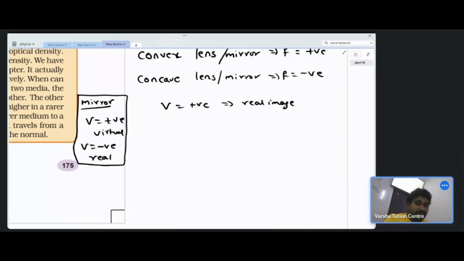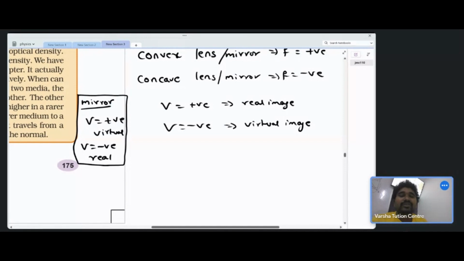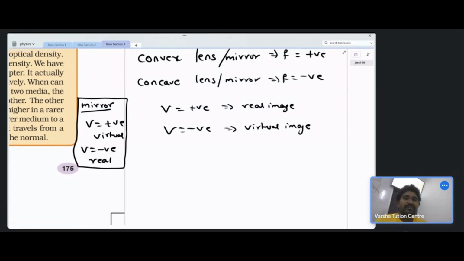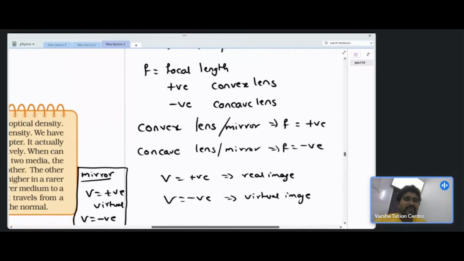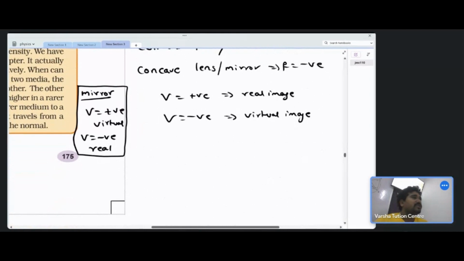Reverse. If V is negative, it is a virtual image. Is that clear now? So V positive means real image, V negative means virtual image. Understood? Any confusion in that?